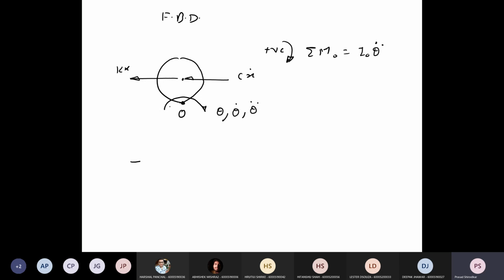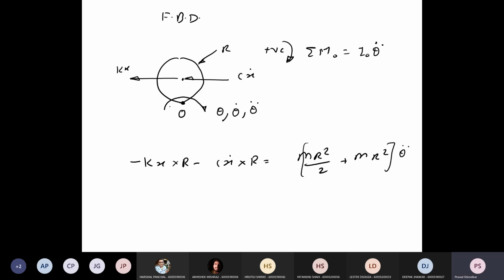So both the moments are negative. So minus Kx into R minus Cx dot into R is equal to the moment of inertia about O, which is Mr square by 2 plus Mr square, parallel axis theorem, into theta double dot.